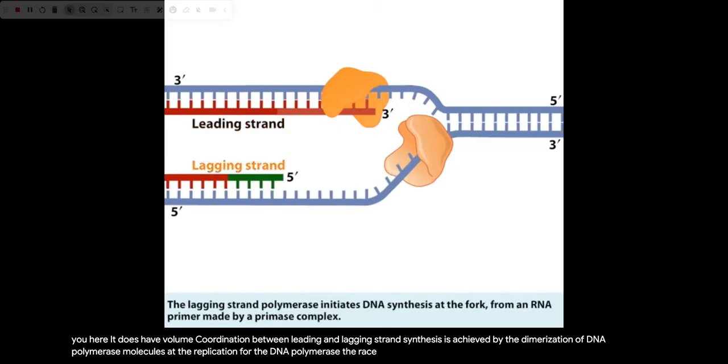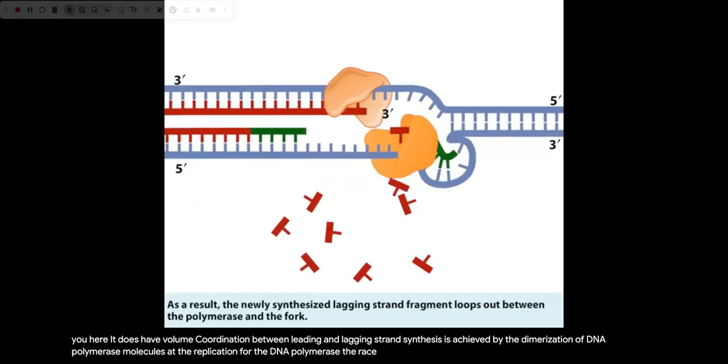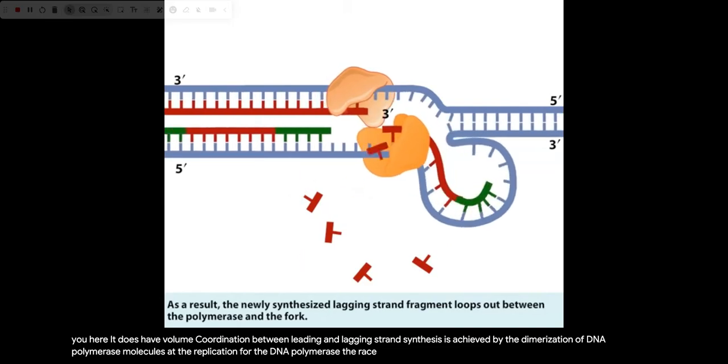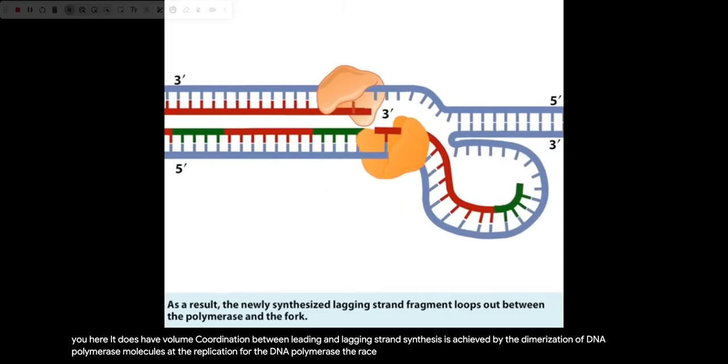The lagging strand polymerase initiates DNA synthesis at the fork from an RNA primer made by a primase complex. The polymerase elongates the lagging strand in a direction opposite the fork, but stays bound at the fork. As a result, the newly synthesized lagging strand fragment loops out between the polymerase and the fork.